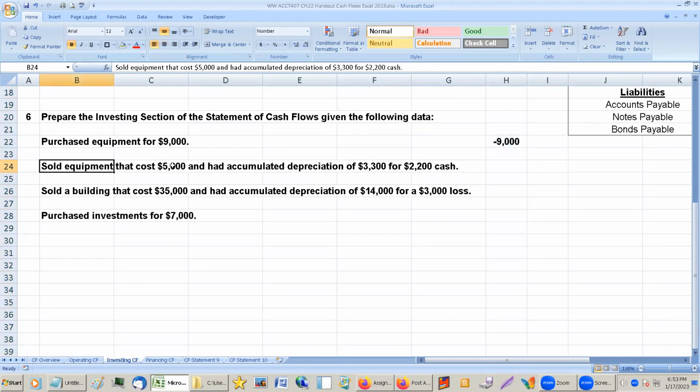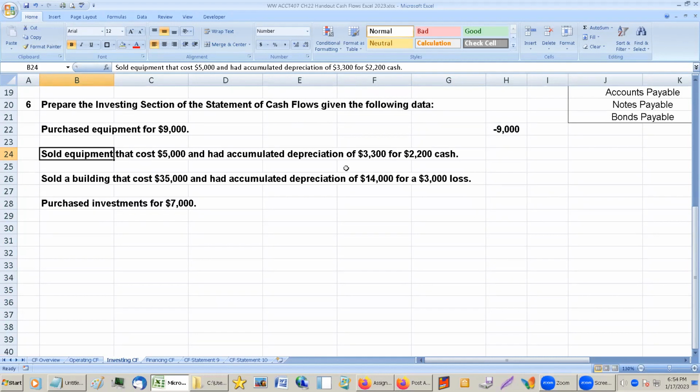Sold equipment that cost $5,000 and had accumulated depreciation of 3,300, and we sold it for $2,200 cash. What do we do with that one? That would be a gain, right?